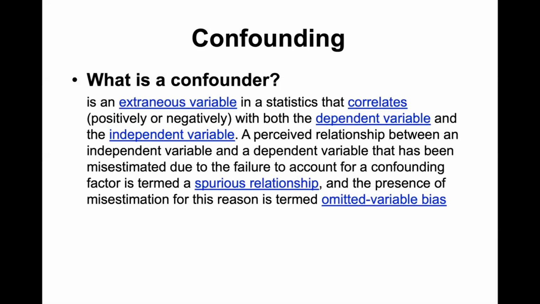The perceived relationship between the independent variable and the dependent variable, like you saw a statistical difference, is not really due to that independent variable. It's been misestimated due to the failure to account for a confounding factor. The relationship is spurious, and really it's due to the confounding variable, which is associated with both, and it leads to misestimation.